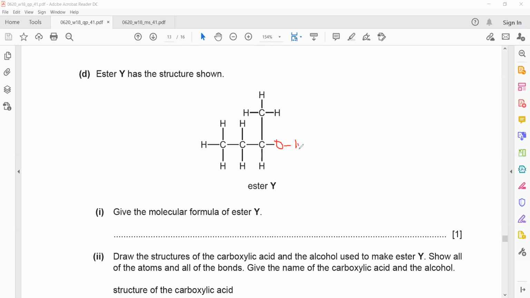What is the name of this alcohol? I'm not saying ester, I'm saying alcohol, this alcohol whose structure I showed here.